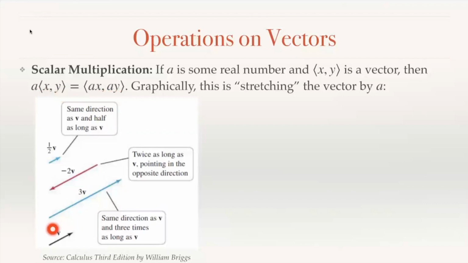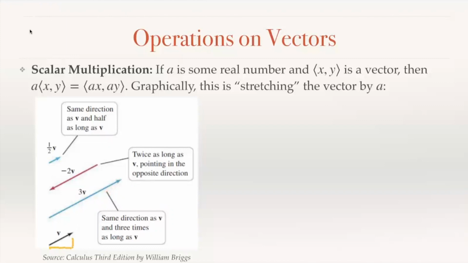So for example, imagine this vector v. 1/2 v is that vector stretched by a factor of 1/2, which means 1/2 the length, but still in the same direction. 3v is taking that vector v and stretching it by a factor of 3. And by the way, why does this correspond to multiplying both coordinates of the vector by a?